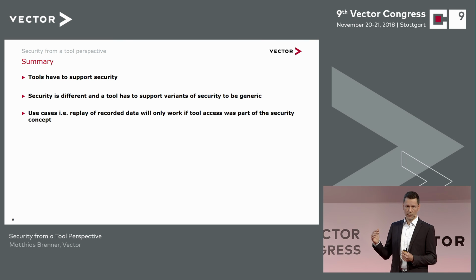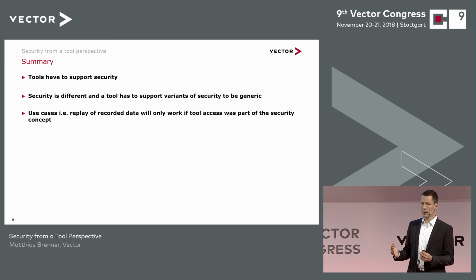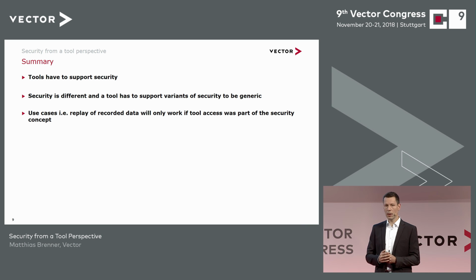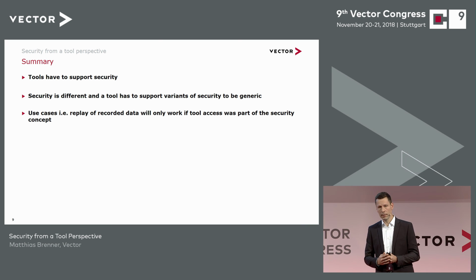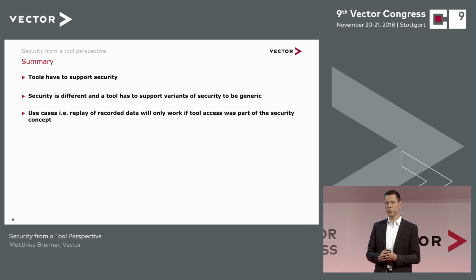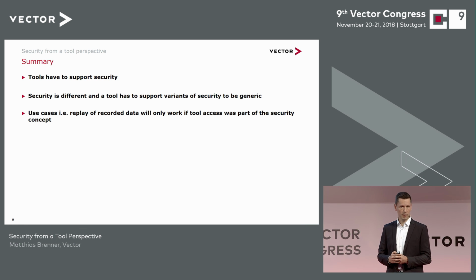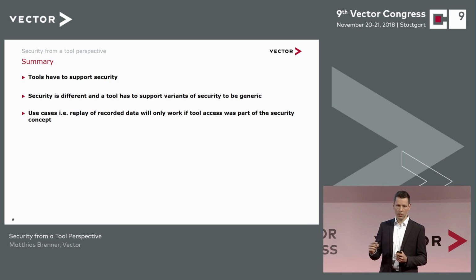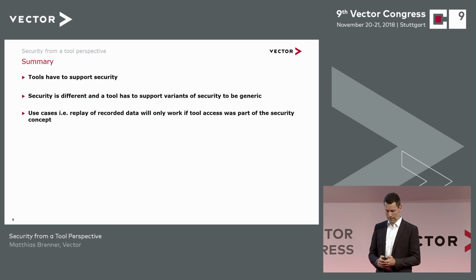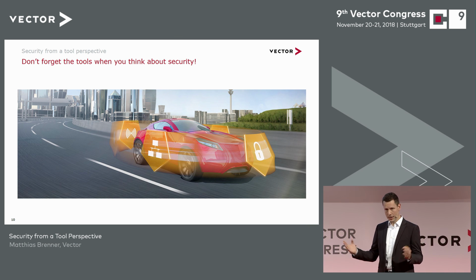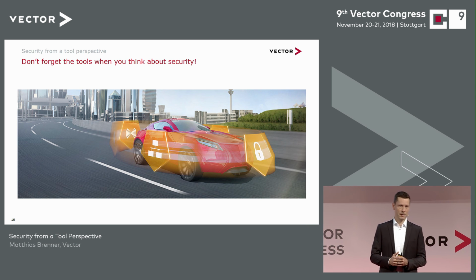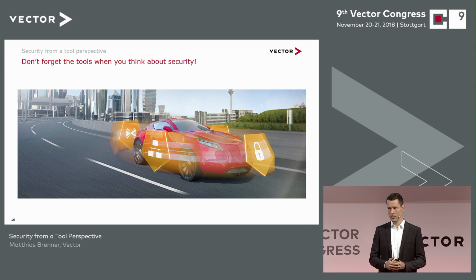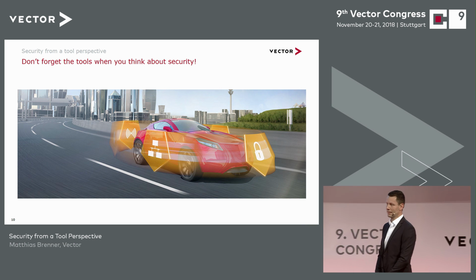And use cases such as replaying data that contain security parameters can only be possible if, from the very beginning, concept-wise, I have included my test tool in the security concepts, and if I've considered from the beginning that there have to be these paths in order to change the security parameters. So as you go into the break, don't only bear in mind the ECU, but also the test application, the tool.